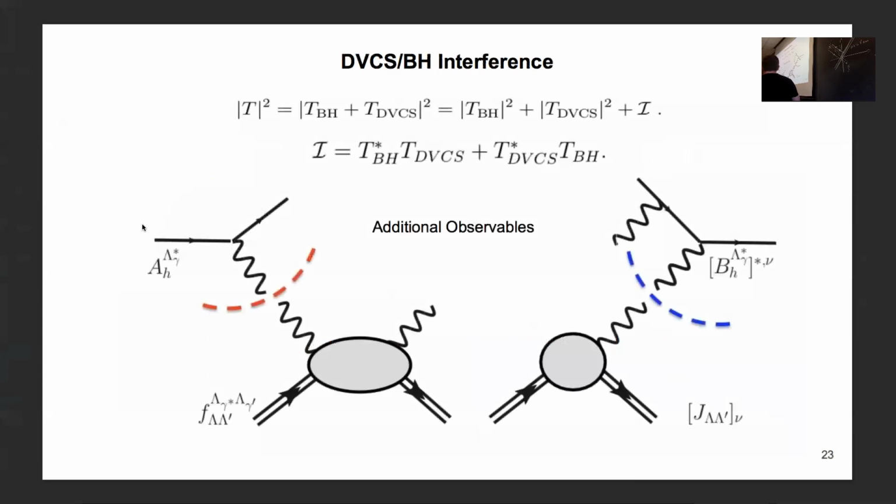So there are additional observables that come into play when you're dealing with DVCS, because DVCS also has a background process, Bethe-Heitler. So when you're looking at your total cross-section, you're not just looking at DVCS, you're looking at DVCS squared, Bethe-Heitler squared, and then you've got this interference term.